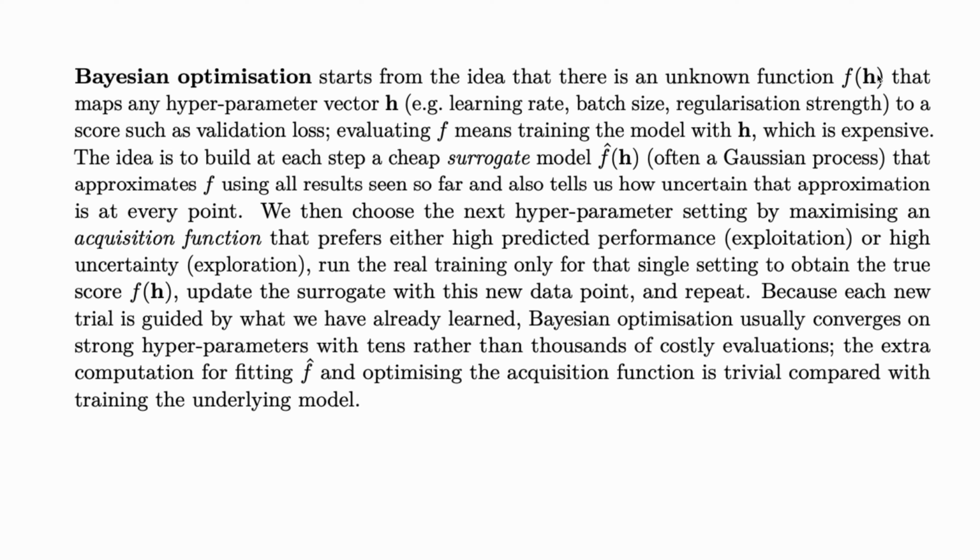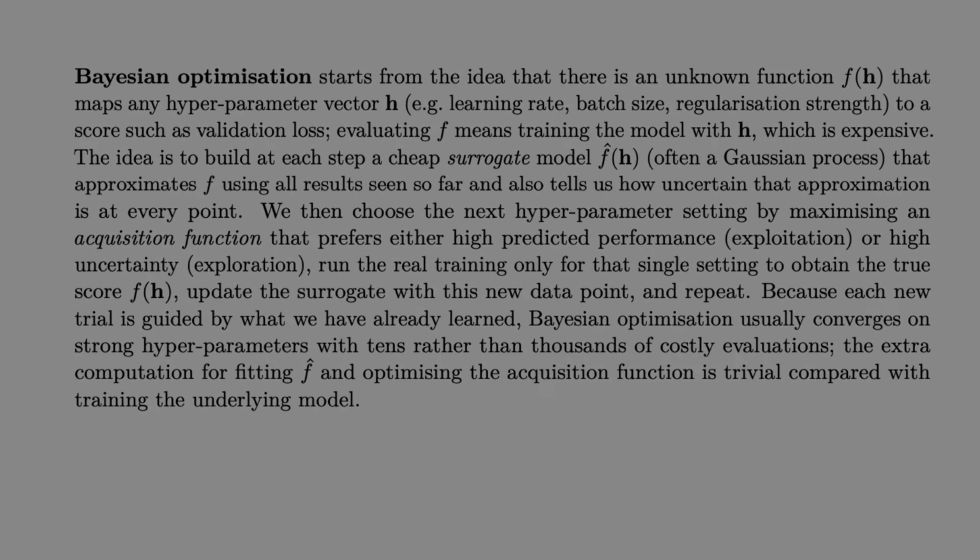By doing it that way, rather than just doing a grid search or doing it fully randomly, we're reusing the information we've learned from previous runs in an appropriate way, so that we know which hyperparameters to use next to get the most information out of it.